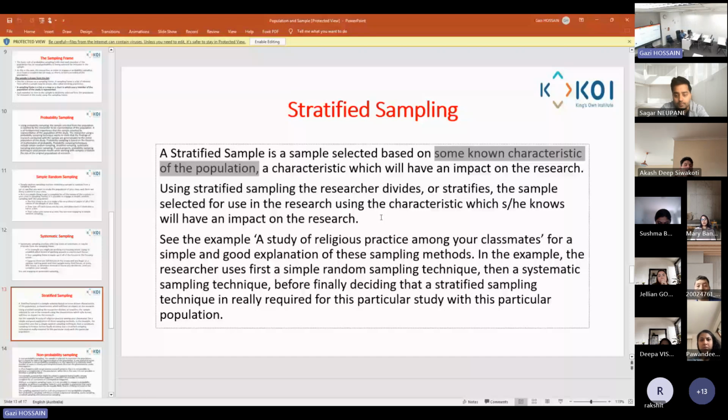See one example: a study of religious practice among your classmates, for a simple and good explanation of these sampling methods. In the example, the researcher uses first a simple random sampling technique, then a systematic sampling technique, before finally deciding that the stratified sampling technique is really required for this particular study with this particular population. So here, a study of religious practice among your classmates.